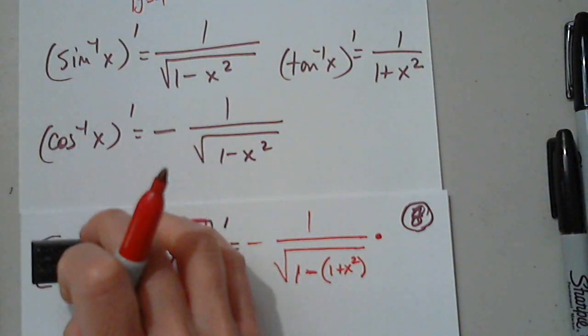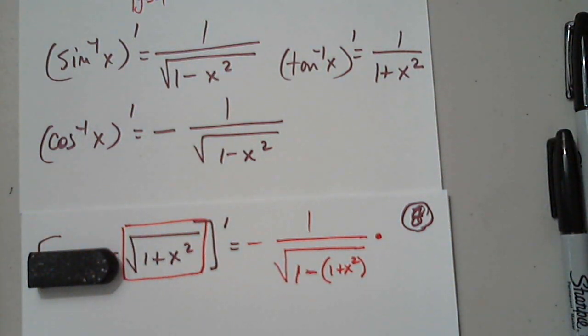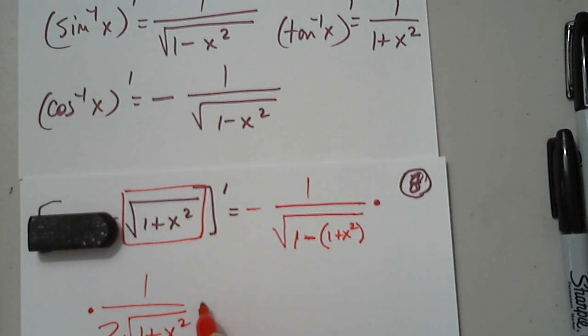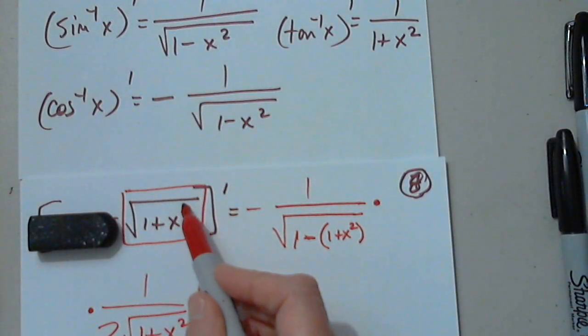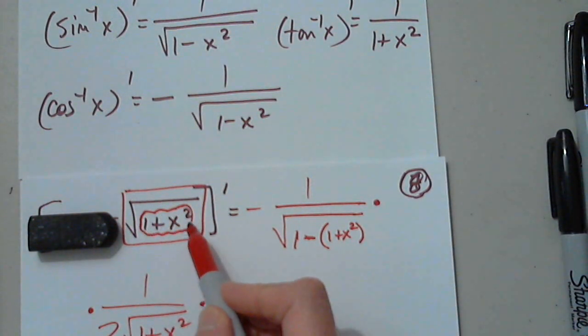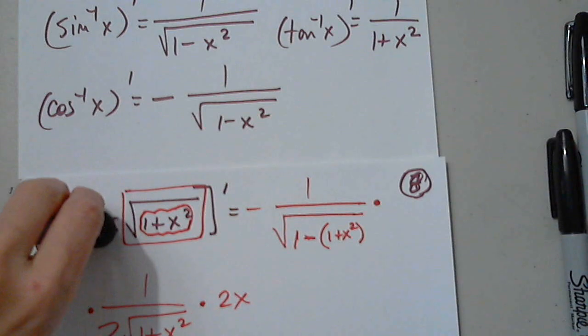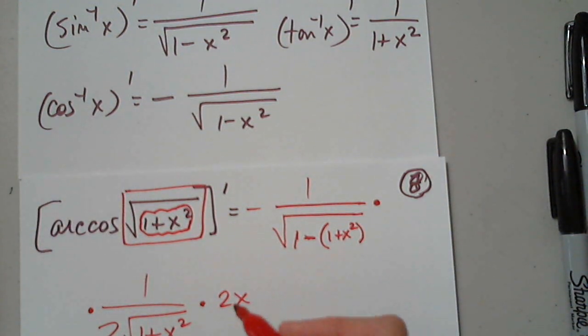Can anyone differentiate this function for us? So 1 over 2 square root 1 plus x squared. Times the inner function prime. 2x. That's it. Awesome. Great job. Yes, I'm going to simplify it a little bit.